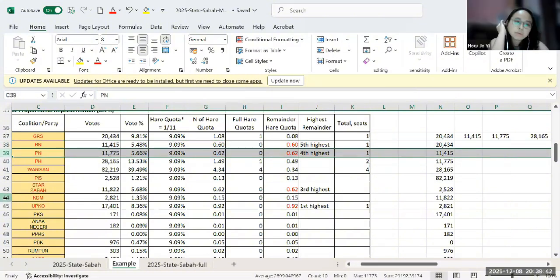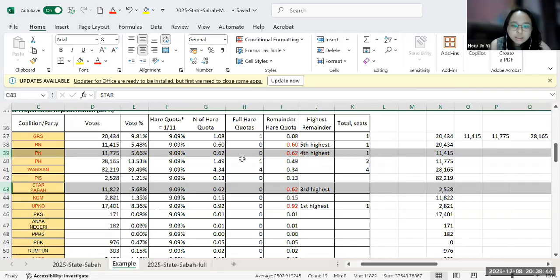You're looking at more decimal points, right? Yes. Now, the reason why I use this percentage is because it's easier for you to look at. But ultimately, we are looking back to the votes. You see, 0.62 here looks similar, but you compare the votes, which is larger? Star. Yeah, that's why Star gets third highest and PN gets fourth highest.